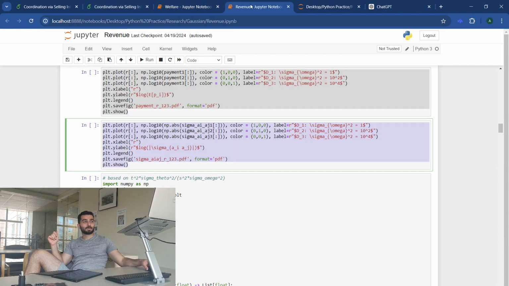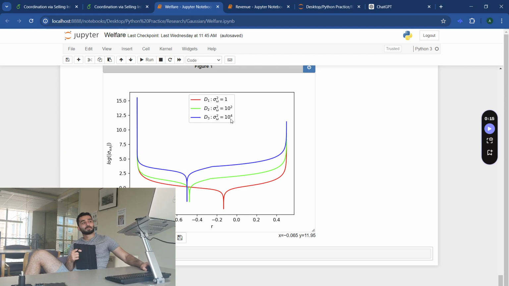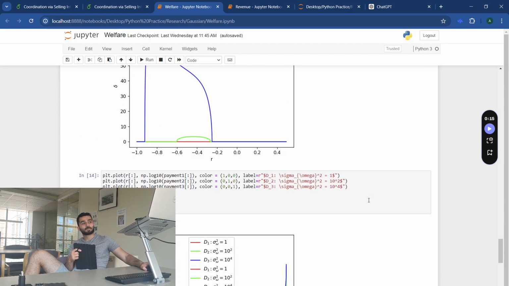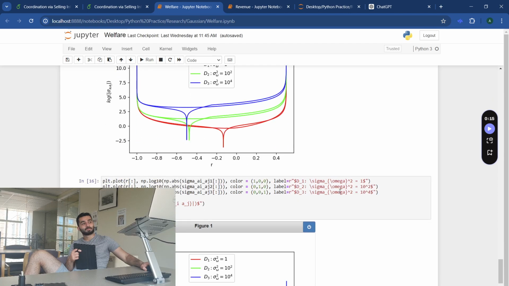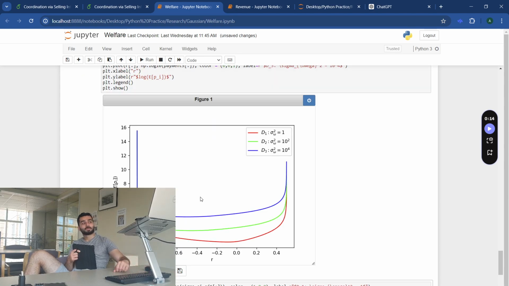Is it the last plot? Yeah. So it doesn't change much, to be honest. Good to know that it doesn't change. What about payment? We didn't draw payment, or we did? Yeah, we did. Payment, I remember it was pretty much the same. Yeah, it was like that.